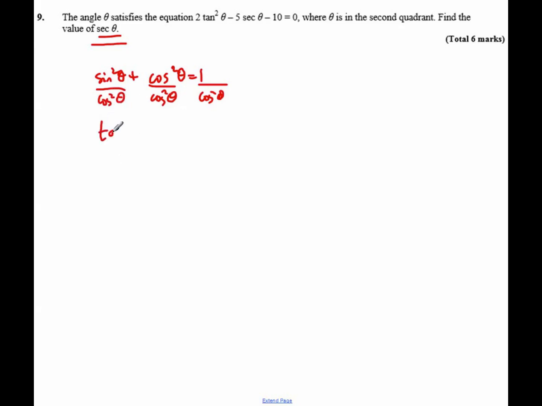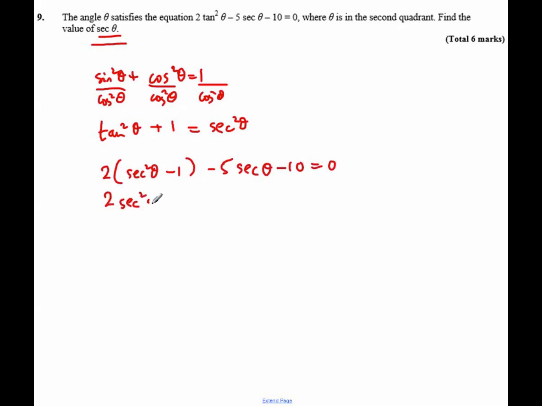So this thing is tan squared theta, that's plus 1, and that's equal to sec squared theta. So tan squared is sec squared theta minus 1, minus 5 sec theta minus 10 is equal to 0, and this is clearly going to be a hidden quadratic in sec. So we've got this minus 5 sec theta minus 2 minus 10 is minus 12 is equal to 0.